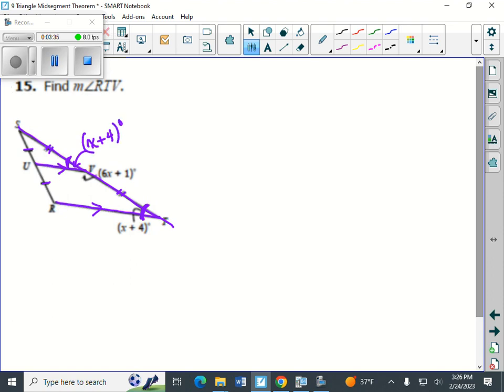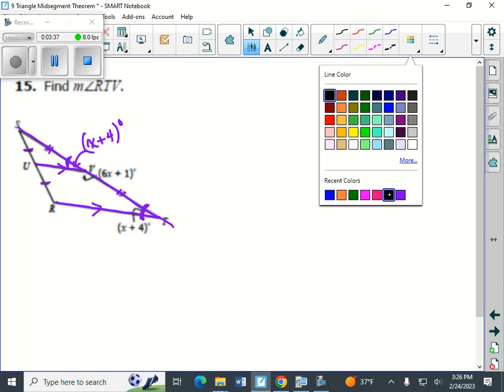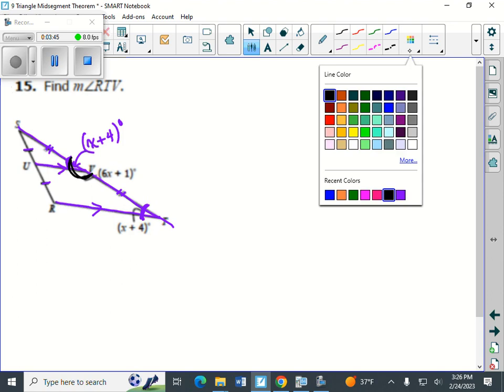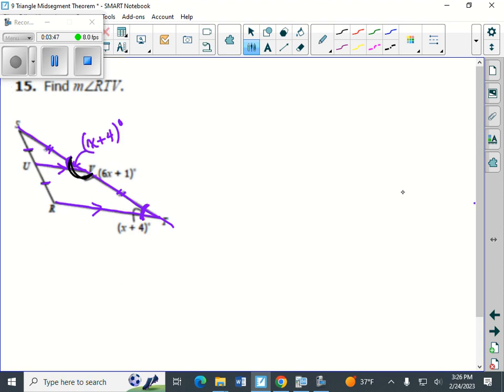And if we add these two angles together, we take this angle here and this angle here, we're going to have supplementary angles to work with. And what happens is we can take the x plus 4 and add it to the 6x plus 1, and we get 180 degrees, our supplementary.